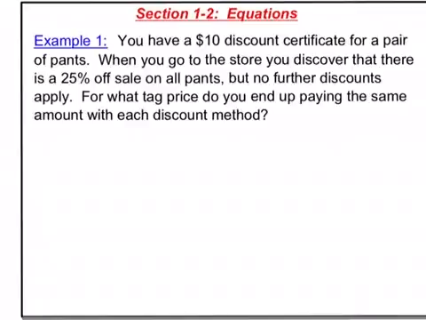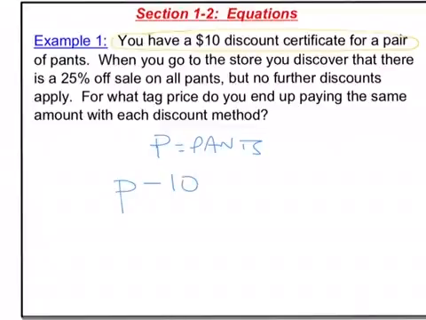So it says you have a $10 discount certificate for a pair of pants. So we're going to call P our variable for the pair of pants. In one situation, we have a $10 discount certificate on the pair of pants. So that's going to be P minus 10. That's what you would pay for total price.